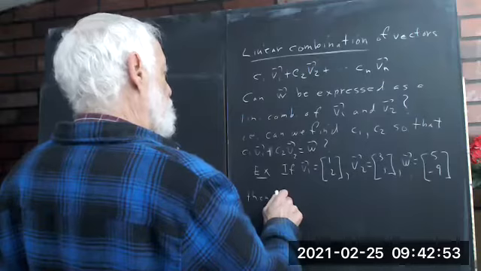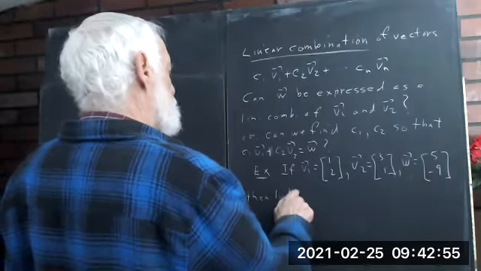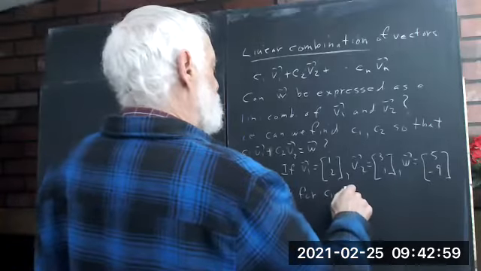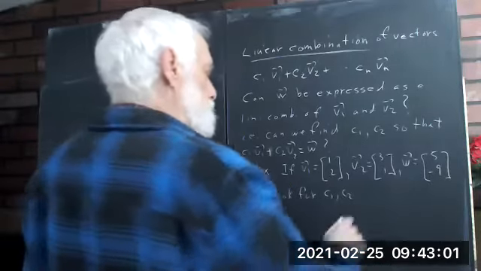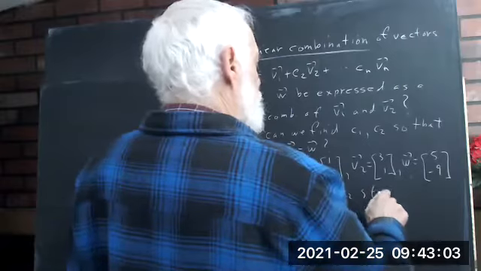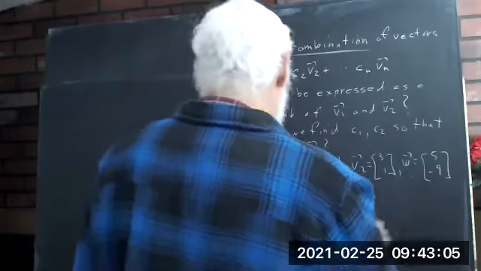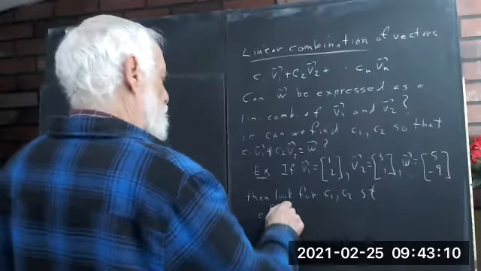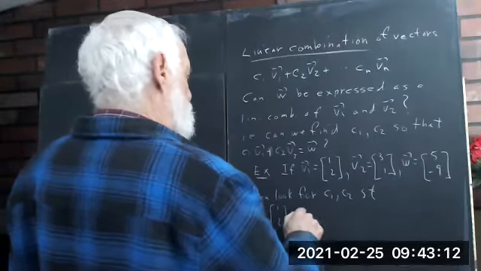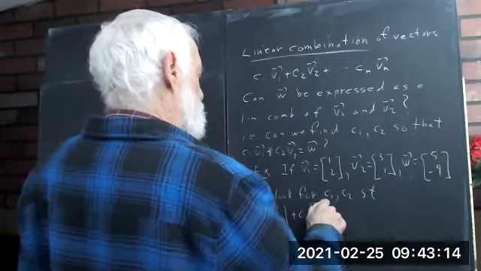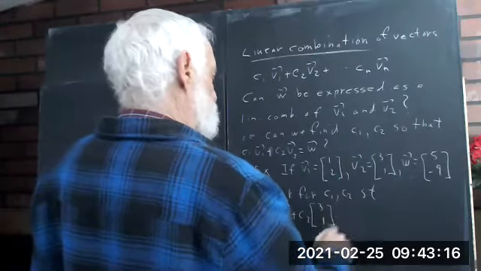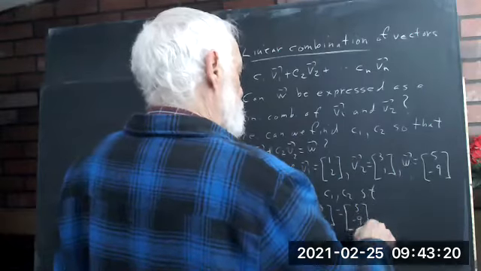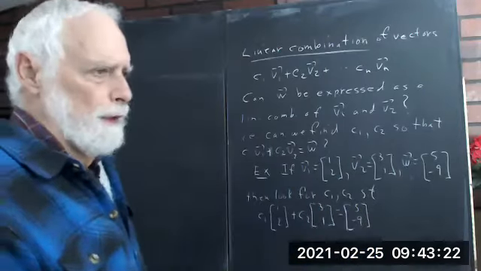Then we look for C1 and C2 such that C1 times 1, 2 plus C2 times 3, 1 equals 5, -9.